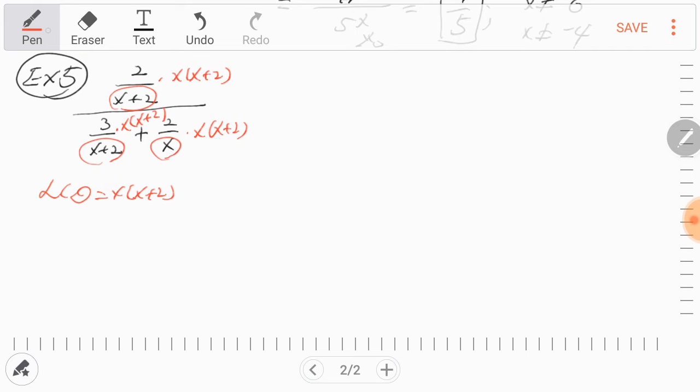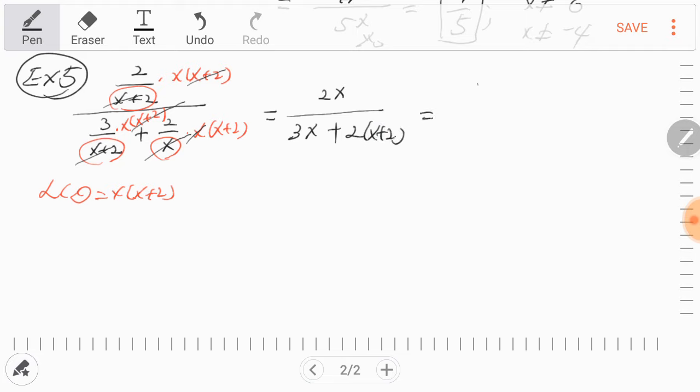Okay, then that is equal to, once we multiply each expression by the LCD, the denominators will be removed. So x plus 2 cancels out. So we'll have 2x over, x cancels out, 3x plus, x removed, so 2 times x plus 2.